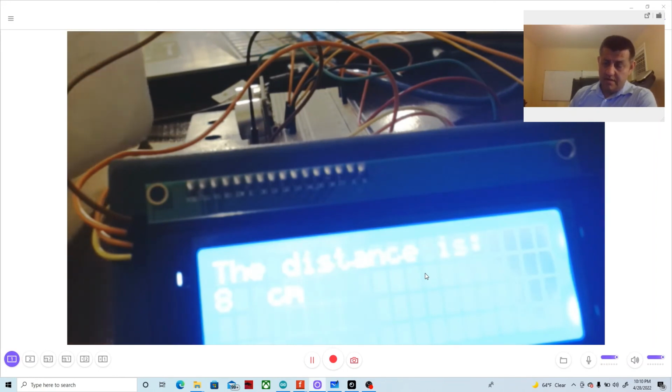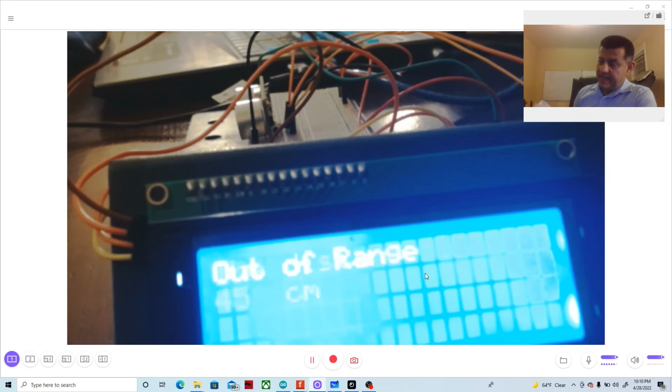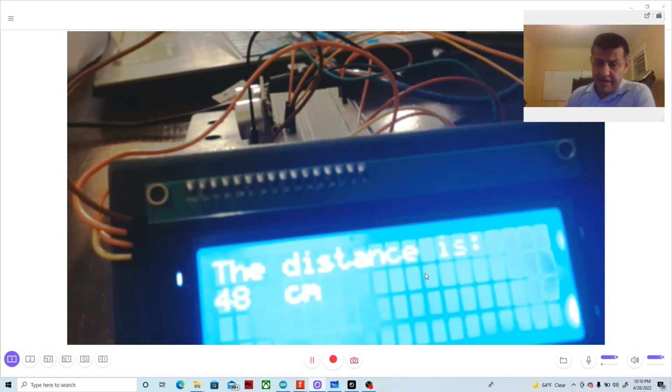It's reading 8 centimeters. I go closer. 3 centimeters right there. 4 centimeters. Closer. It's pretty close. It's still reading 3 centimeters, but again, this has plus or minus 3 centimeters of error, right?